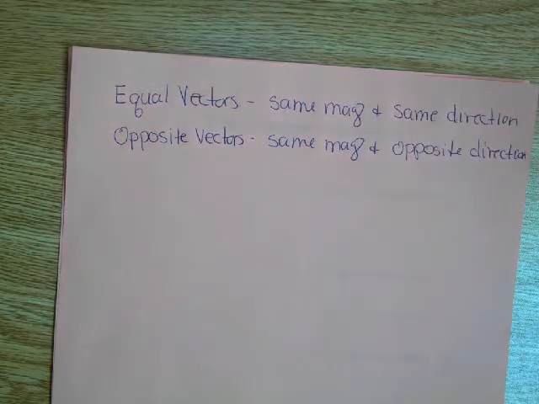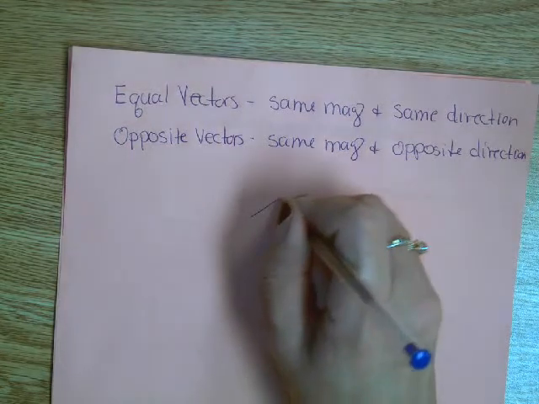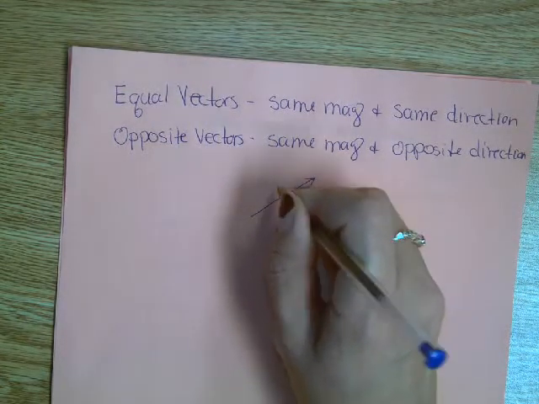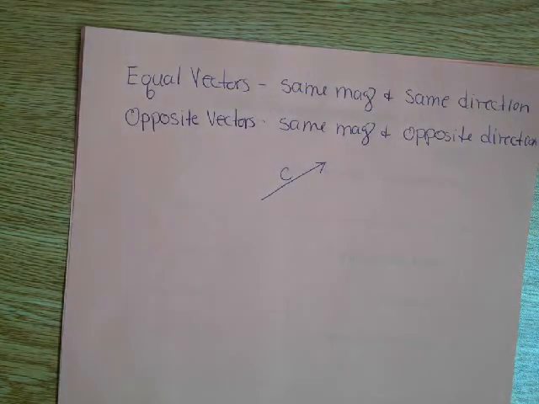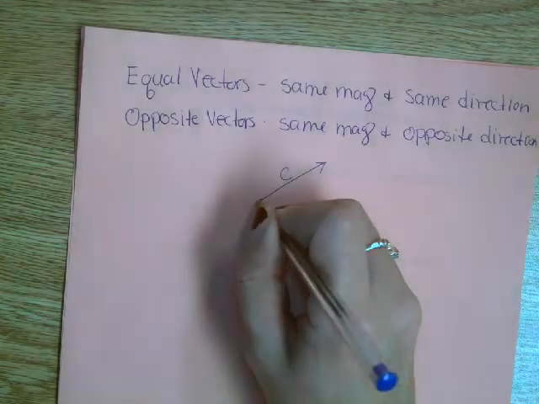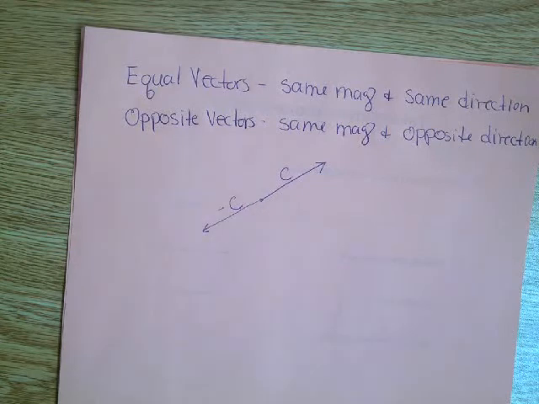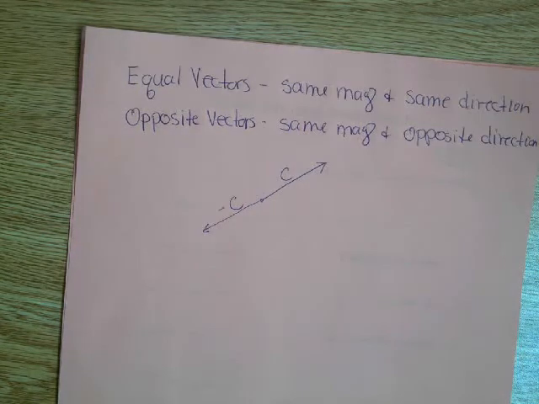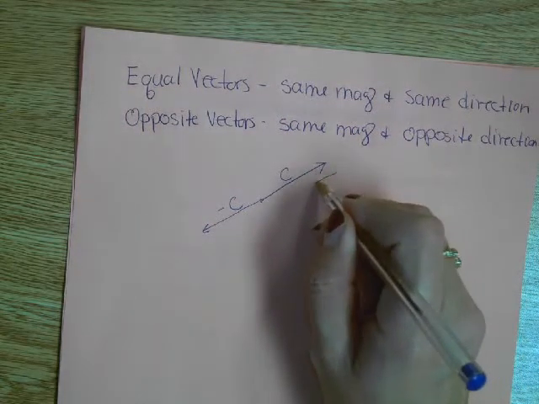How many degrees do you think it's going to be between opposite directions? 180. So if we show that vector C went that way, the opposite of C is going to be 180 degrees in the opposite direction. And I didn't have to draw it to the tail, I could have drawn it here too.